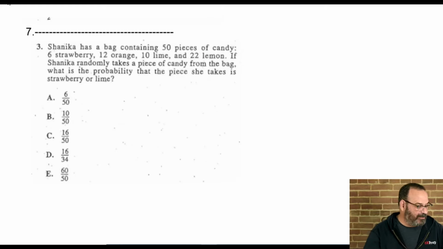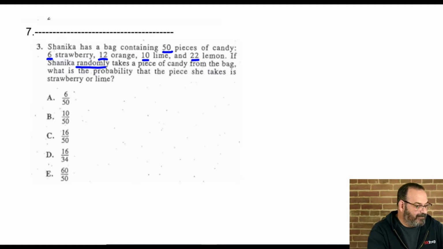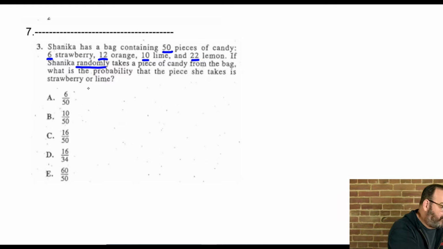Shanika has a bag containing 50 pieces of candy. This is the ties, the sweaters, the candy, the marbles. It's always something. So there are 50 pieces of candy: 6, 12, 10, 22. If she randomly takes a piece of candy, everything is always random in this universe, from the bag, what is the probability that she takes a strawberry or a lime? And in probability, or means add the two together.